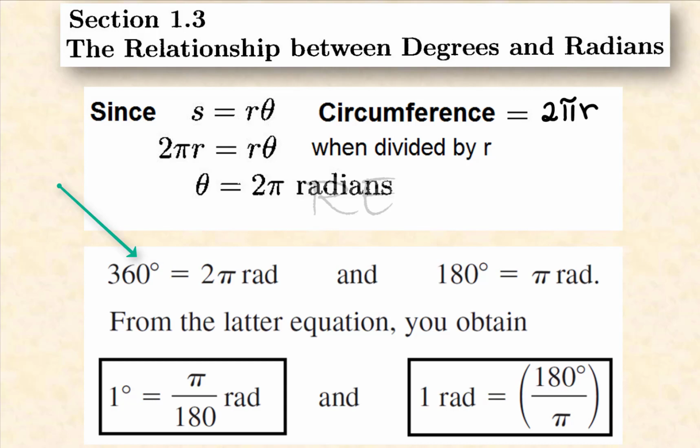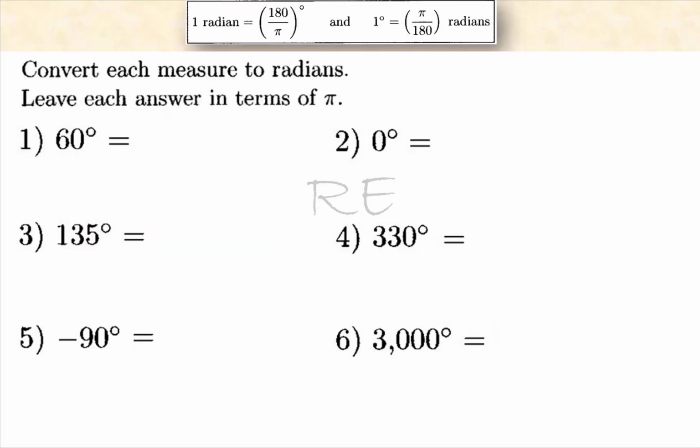So 360 degrees is 2 pi radians. Divide by 2, 180 degrees is pi radians. From the latter equation, we obtain 1 degree is pi over 180 radians, and 1 radian is 180 over pi degrees.